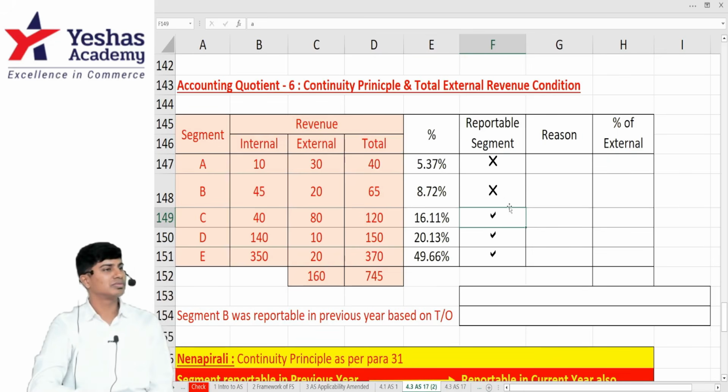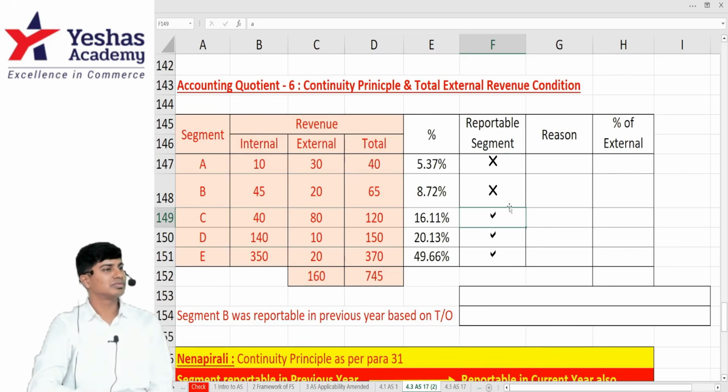I'll repeat. For a segment to be called a reportable segment, it has to fulfill the turnover condition, result condition, or asset condition. It is or by management discretion. Next thing that I taught you is the continuity principle. If a segment was reportable in the previous year based on turnover, result, or asset, it will become reportable even in the current year, in spite of the fact that its turnover, result, or asset is not crossing 10%.